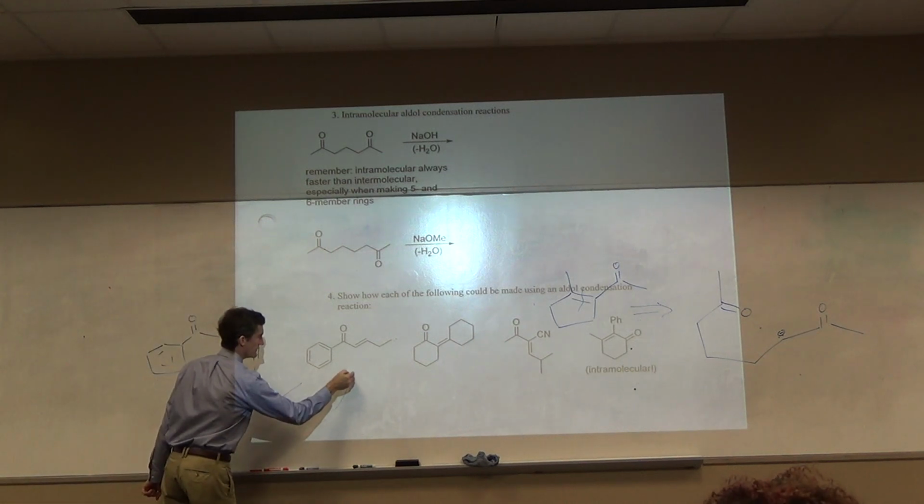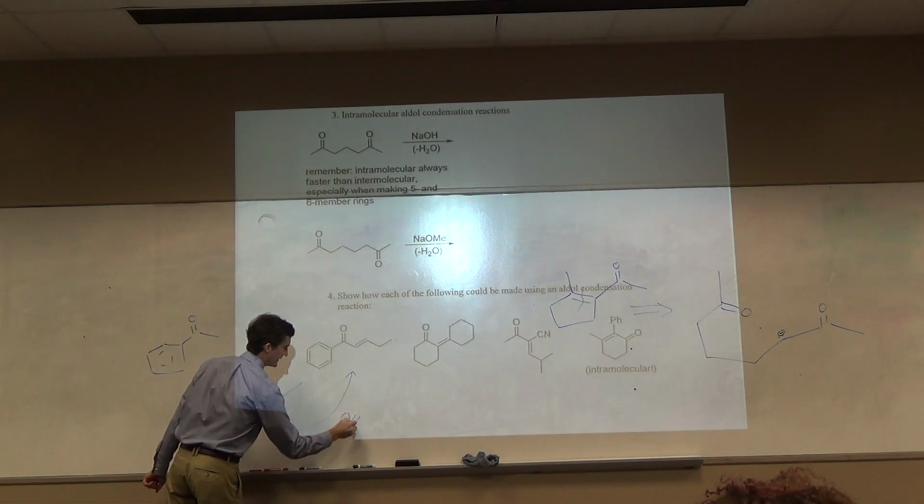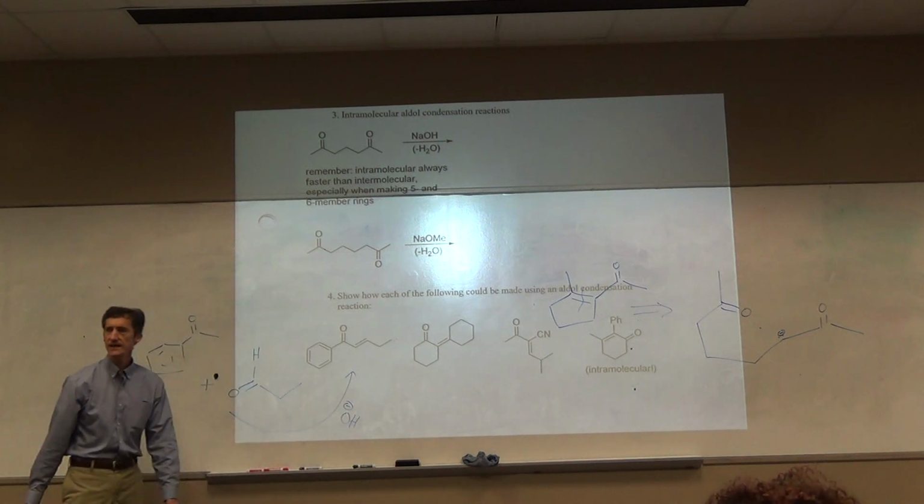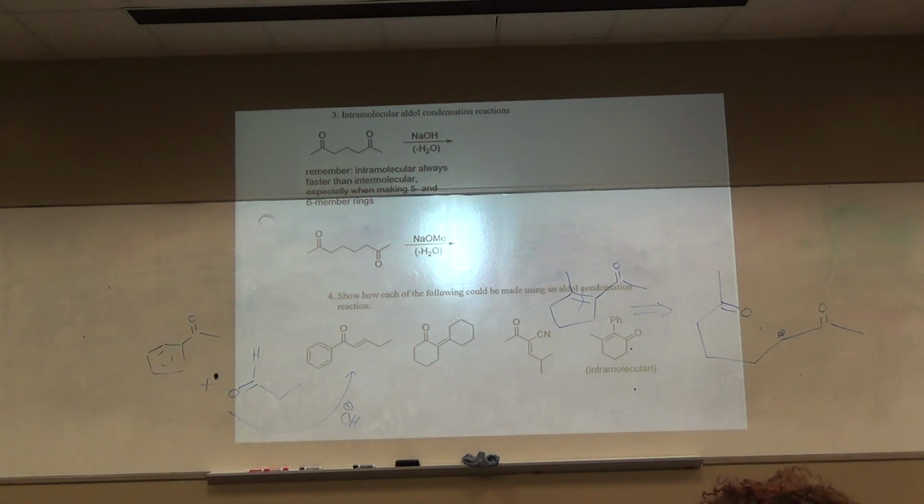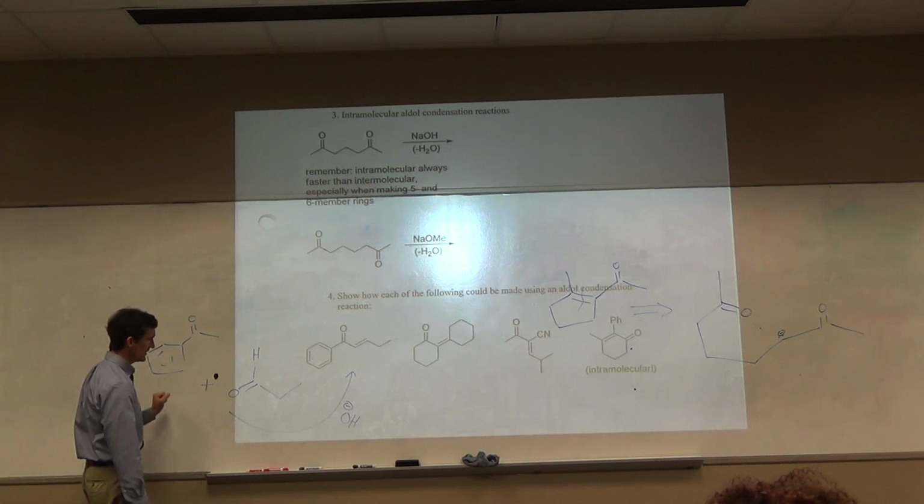You would treat this with some type of base. Most often it's some type of hydroxide base as a catalyst, KOH or sodium hydroxide. And that would be a mixed aldol.